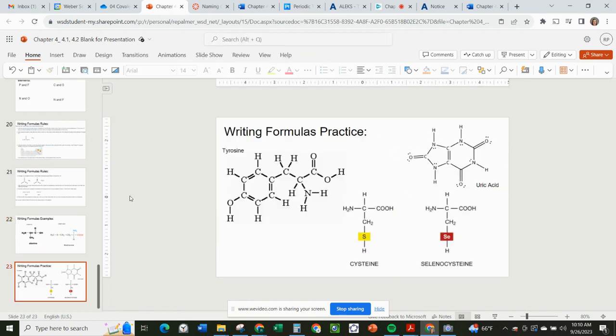All right, then these formulas. So this is tyrosine, cysteine, selenocysteine, and uric acid. So I will go ahead and do those really quick. Maybe I can put my text box over here. So CnHO.